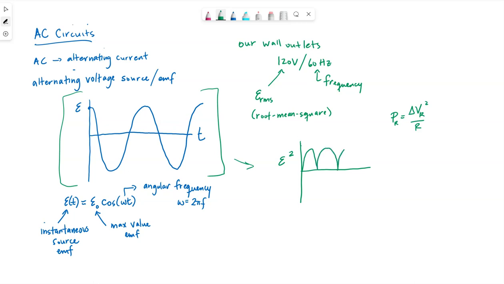When we square the function, everything becomes positive.